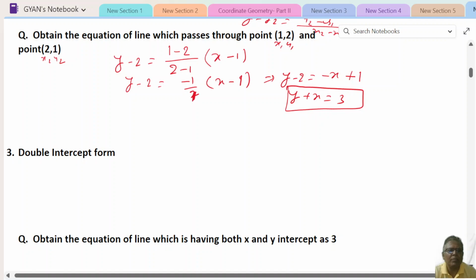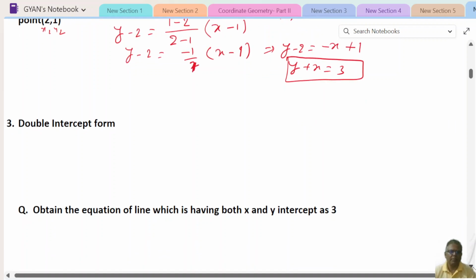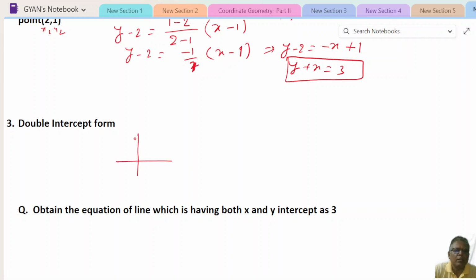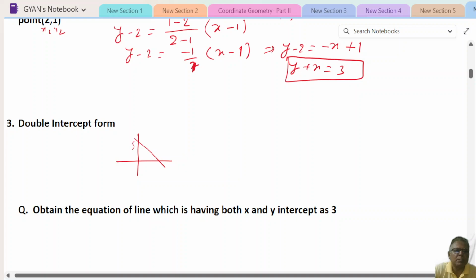Now come to the double intercept form. Suppose this is the y-intercept, that is b, and this is the x-intercept, this is a. So this coordinate will be (0, b) and this coordinate will be (a, 0). So use the two-point form.